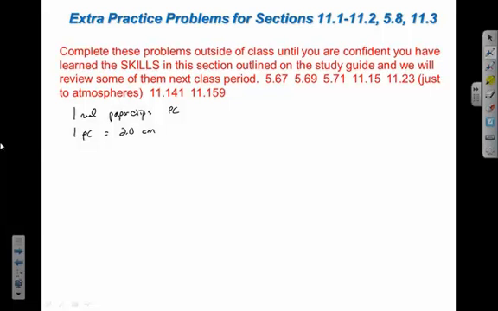So we need some relationships. If anyone has their phone, help me look up some relationships so I don't have to exit out of this presentation mode. What relationships do we need? 4.0075 billion centimeters.